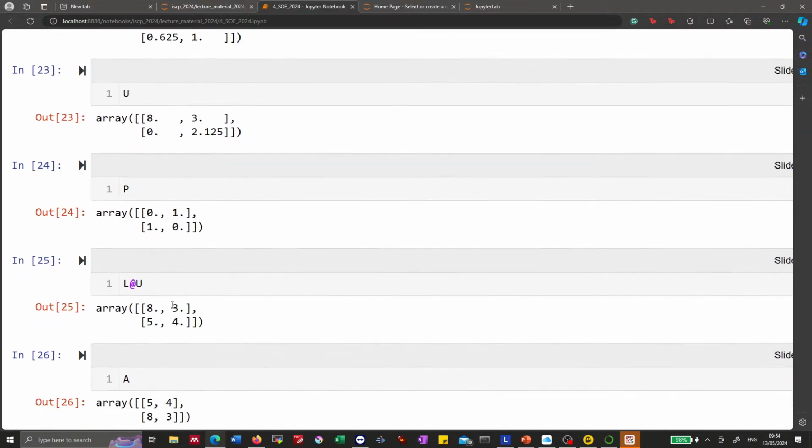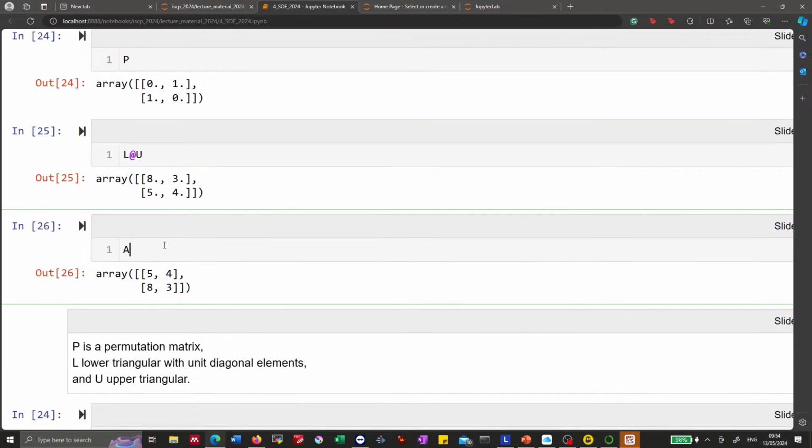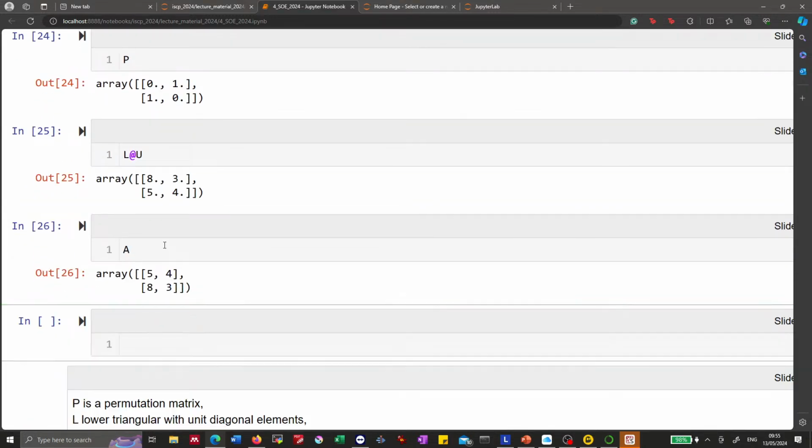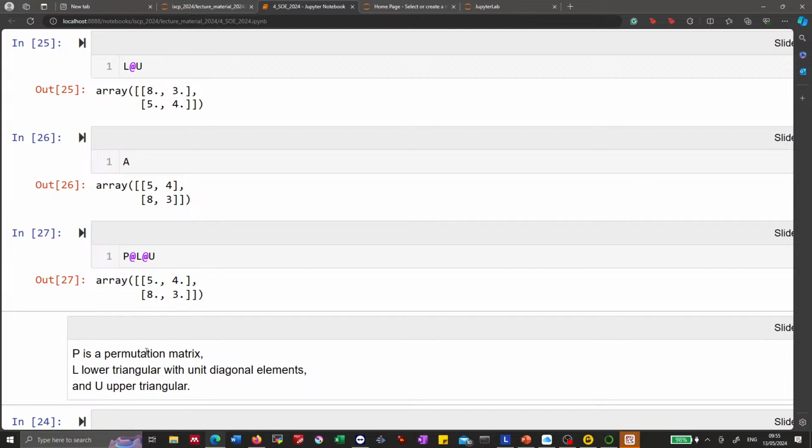So to restore the full form of A, what I actually need to do is P multiplied by L multiplied by U. So, very good. Now I have restored my matrix 5, 4, 8, 3.